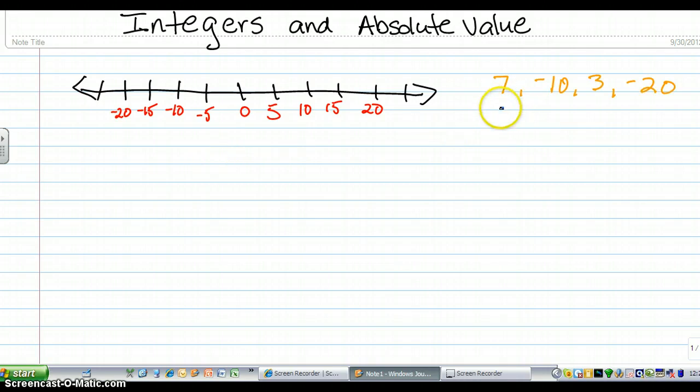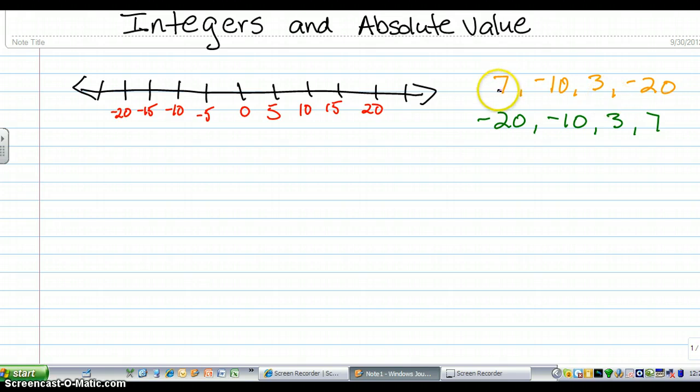So if I was to write these numbers from least to greatest, from smallest to greatest, I would put my -20 first, and then would come the -10. After that would be 3, and then 7. And we can see that on the number line.